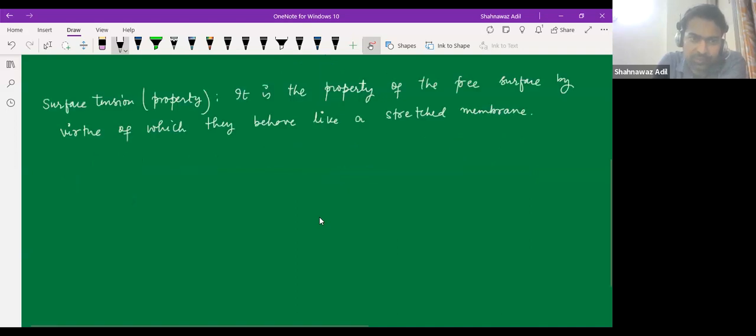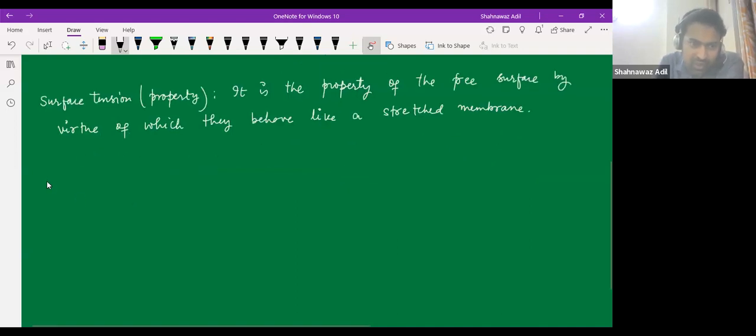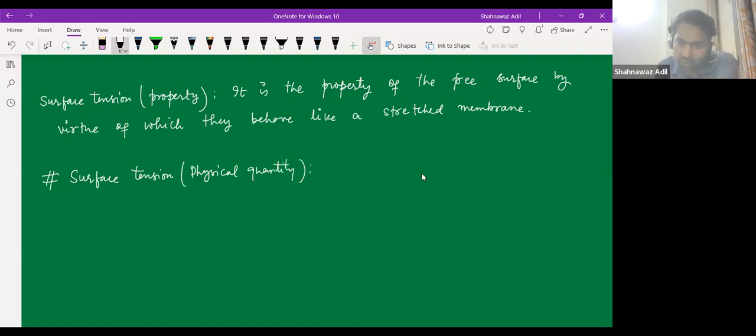So the physical quantity, right? This is the property, and what is this physical quantity? How do we write it in terms of a physical quantity? So you have this free surface again, right? Let's say this is circular, and you put some needle. So there is a perpendicular force acting on this needle.